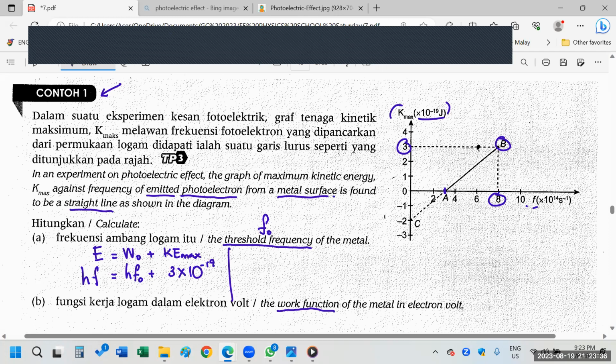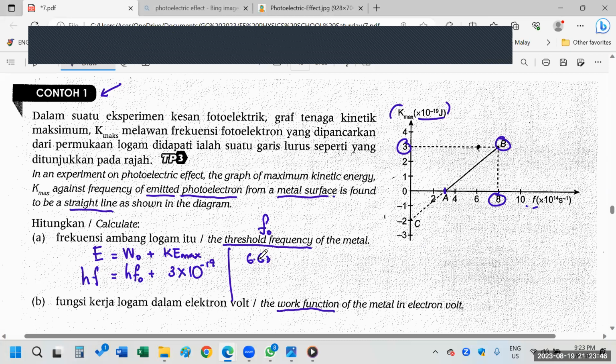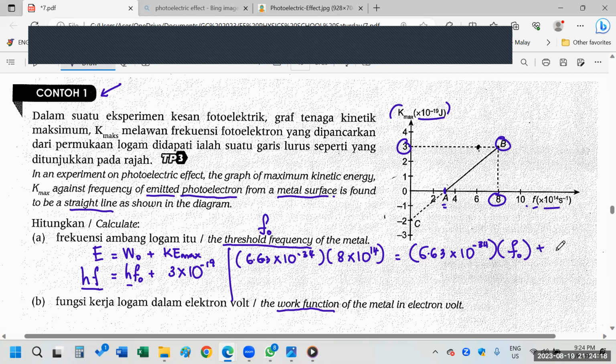h is 6.63 times 10 to the power of negative 34. 6.63 times 10 to the power of negative 34 times 8. f is here. 8 what? 8 times 10 to the power of 14 equals h again, 6.63 times 10 to the power of negative 34 and f naught means here, or you can substitute A, plus 3 times 10 to the power of negative 19.